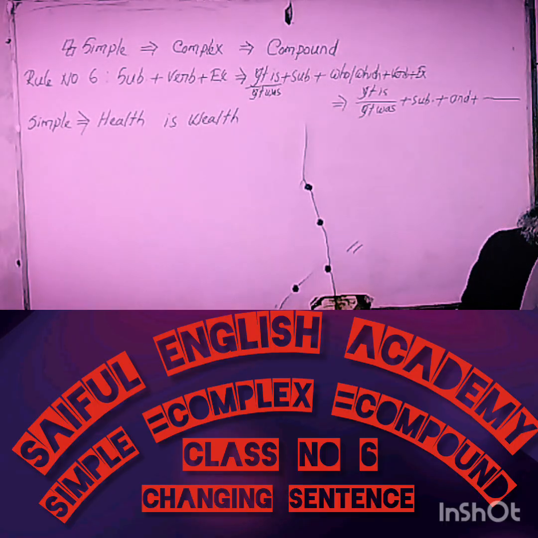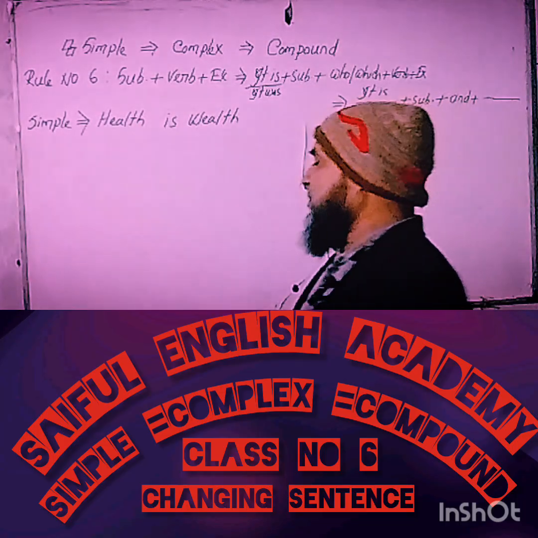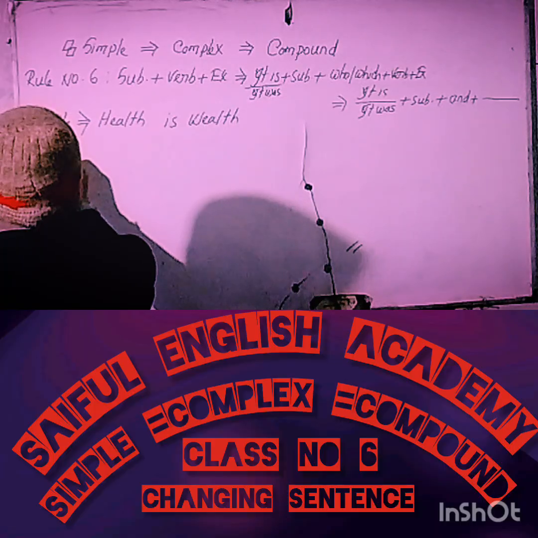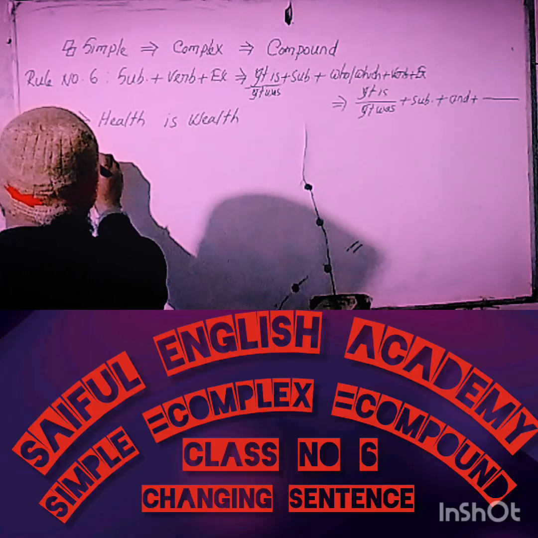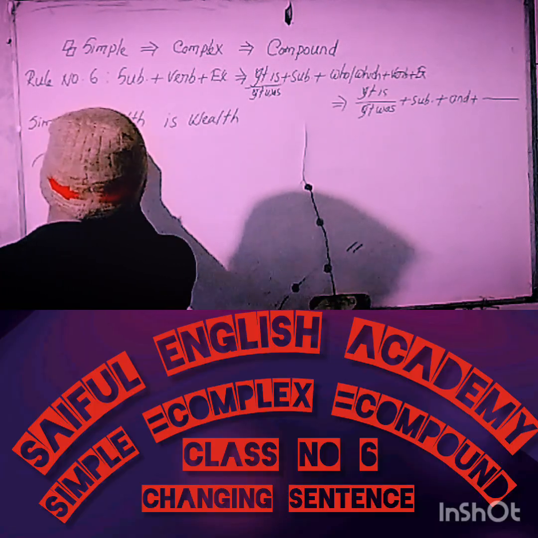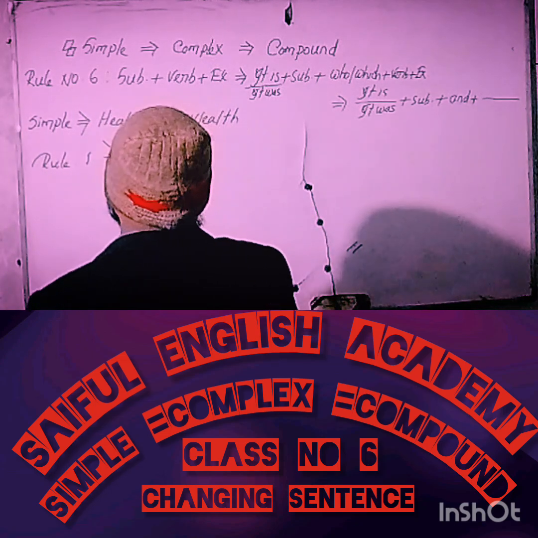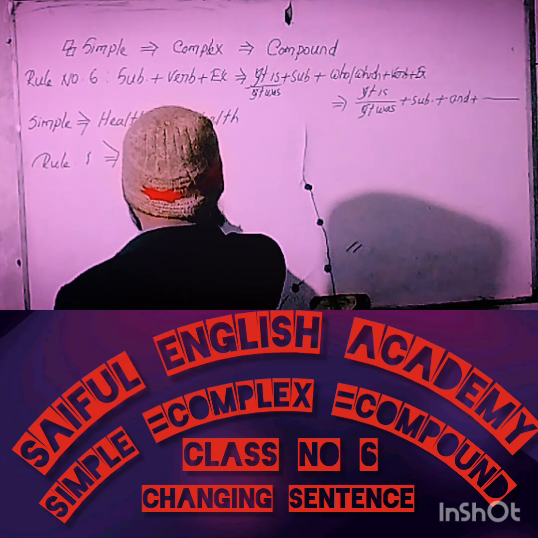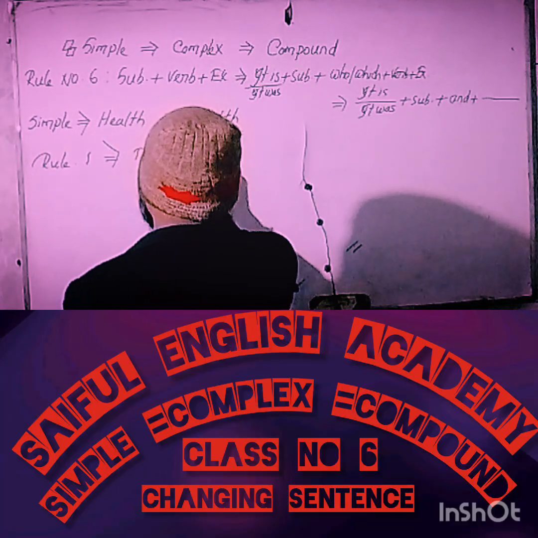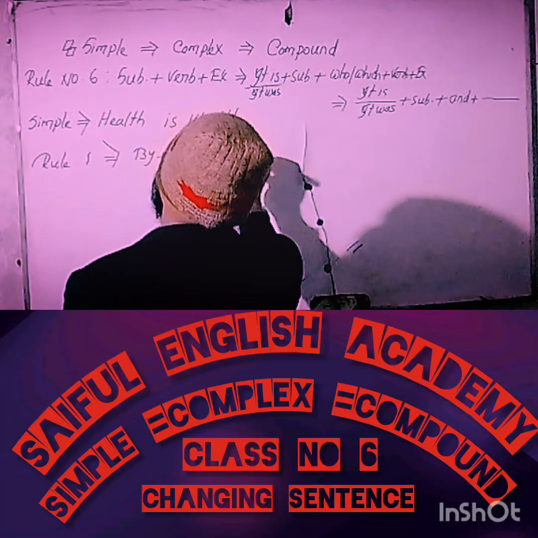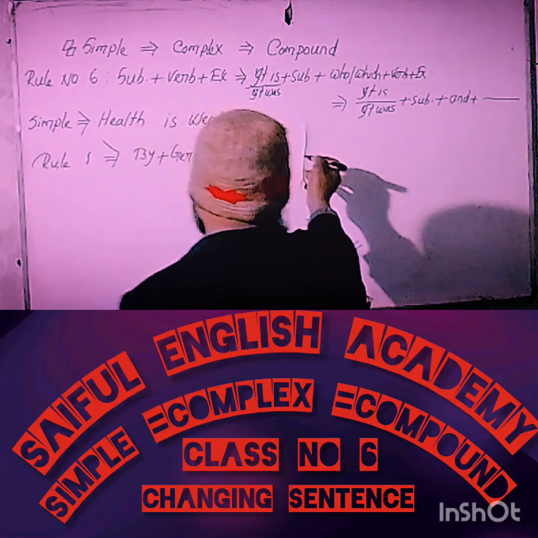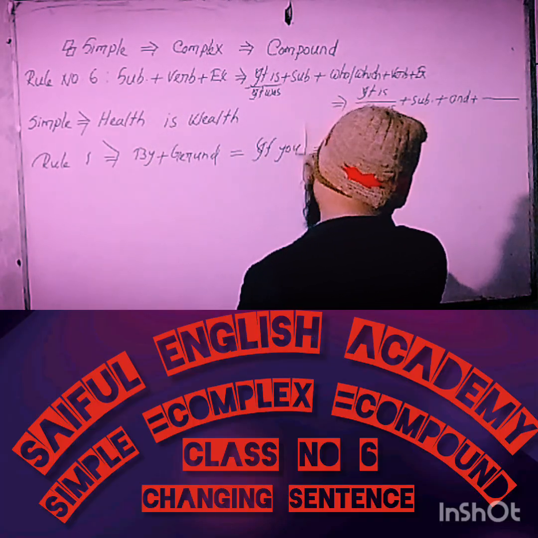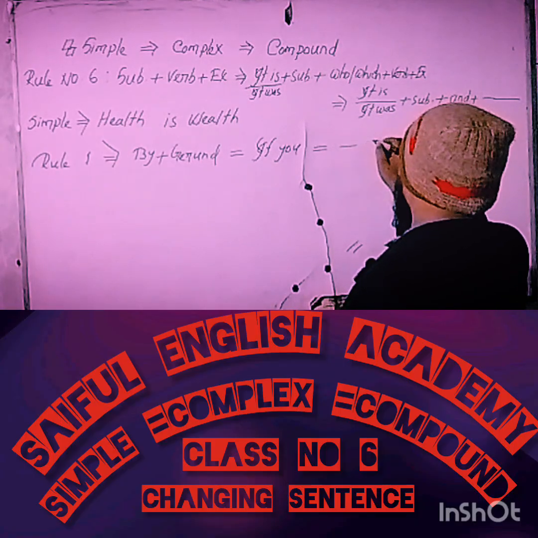My dear learners, in my previous classes, I told you about changing sentences from simple to complex to compound. In rule number 1, the relationship among simple, complex, and compound: by plus gerund equals to if you, equals to and.